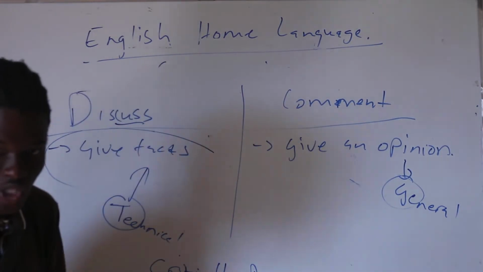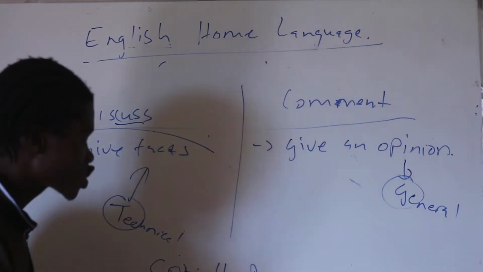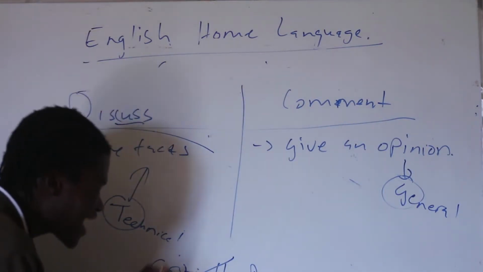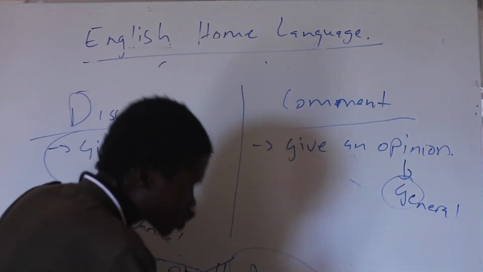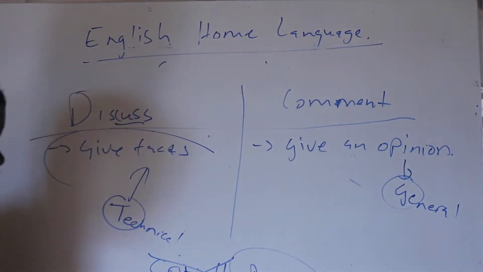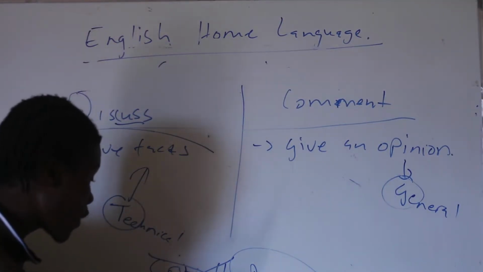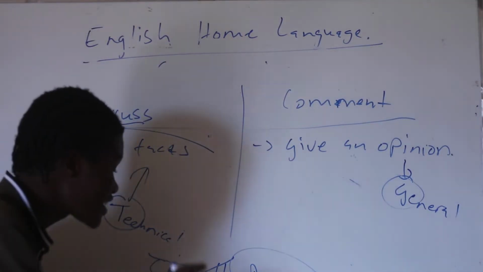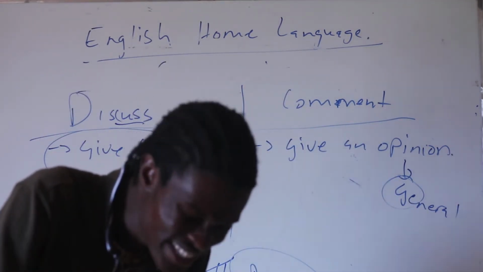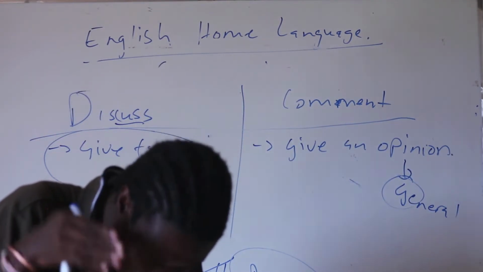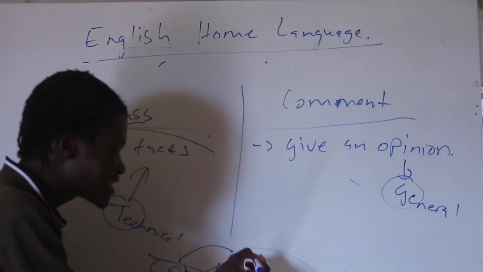The examiner is trying to distract your thinking in the exam. So when you see critically discuss, cancel critically and work with discuss. When you see discuss, continue with the question and give facts. Because if you look at this critically, it will confuse you. Critically and discussing is the same thing, because when you are critically doing something, you are going deeper into assessing, you are focusing on it. But that's the same thing.